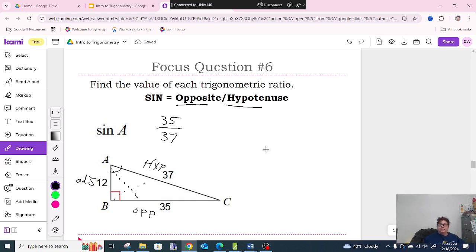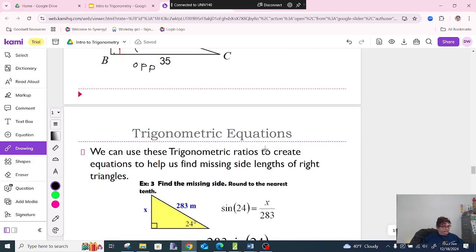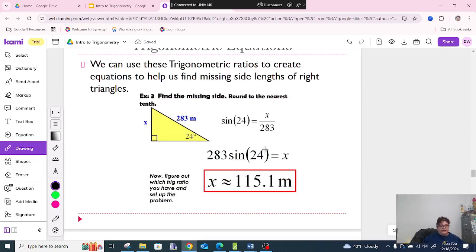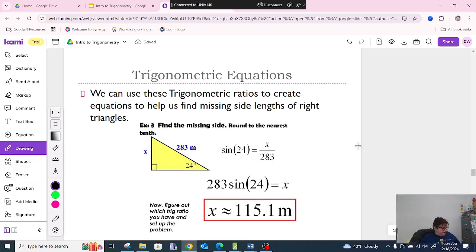Okay, so next one. Now, this is how we are going to use the trig functions to find missing side lengths. So this would be a typical problem here. The only angle I have is the 24. So I'm going to put my finger on 24.